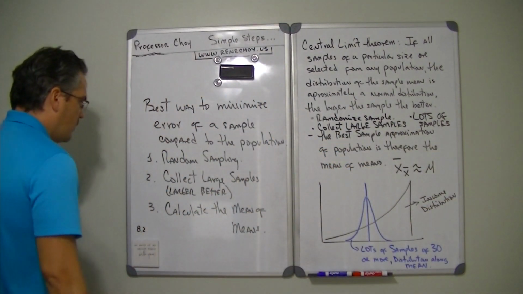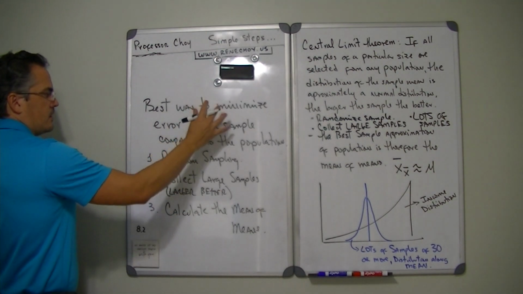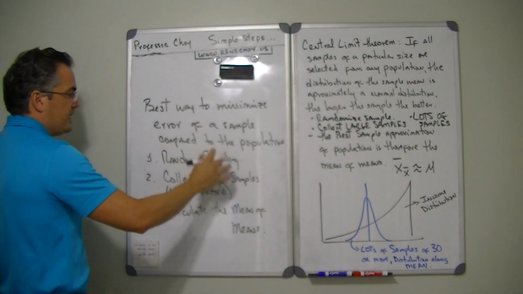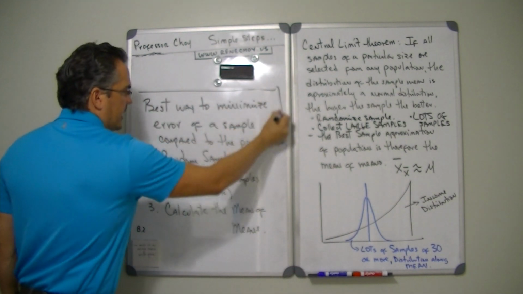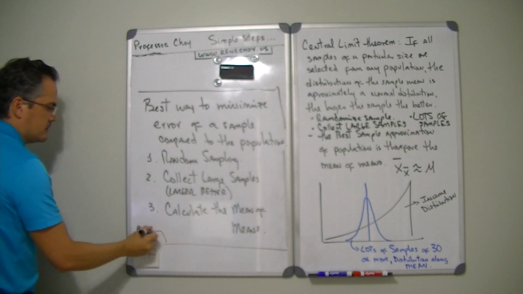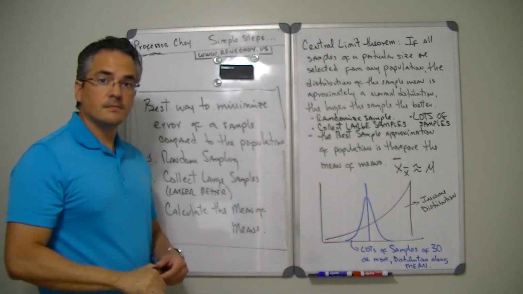Okay? So, this is the best way to minimize an error of a sample compared to population. Therefore, the best way to have a sample estimate a population correctly.